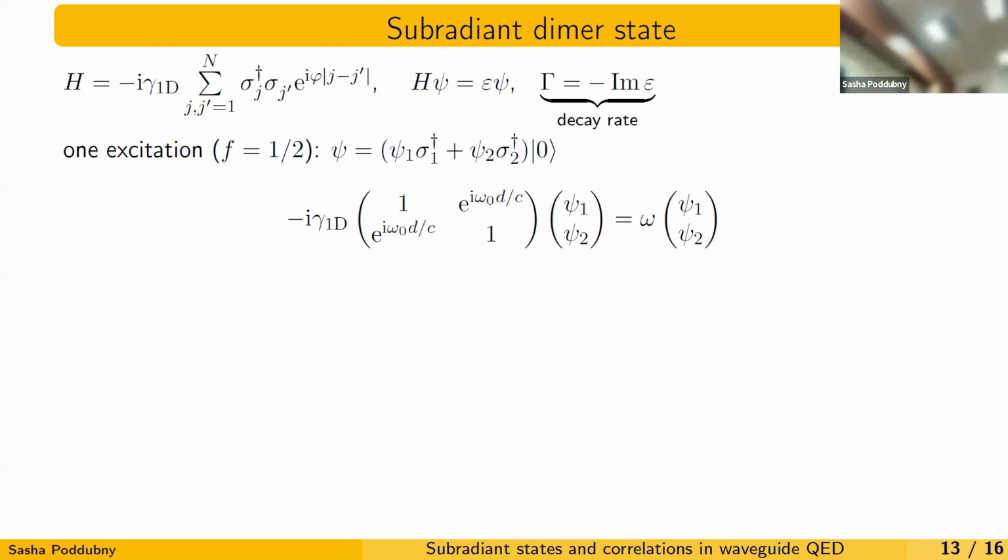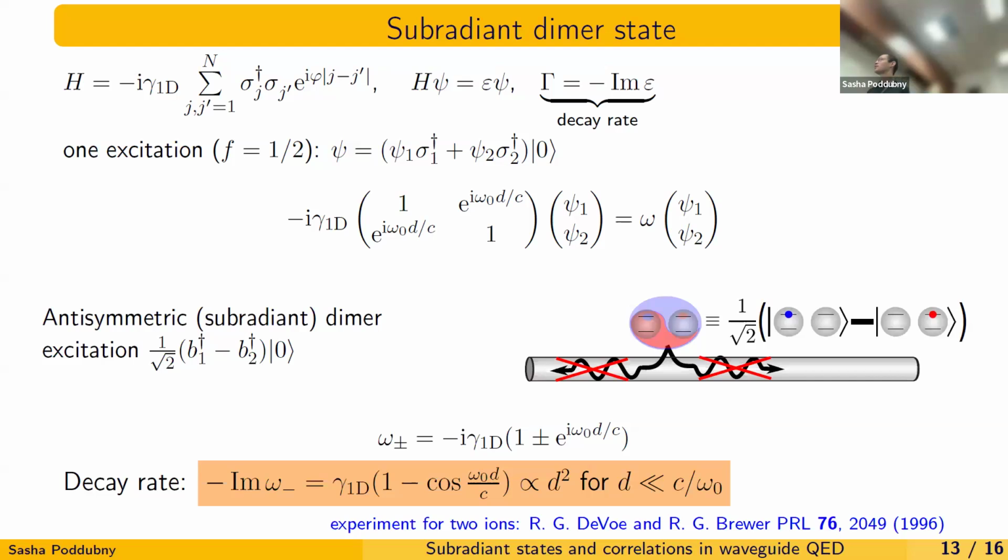So this is minus i gamma 1D, spontaneous decay of this atom, spontaneous decay of this atom, and some delayed interaction. Sorry? F, fill factor. This will be important: one excitation per two atoms means fill factor 1 over 2. This is very important. Thank you. So I diagonalize this, and my subradiant state is this dimer.